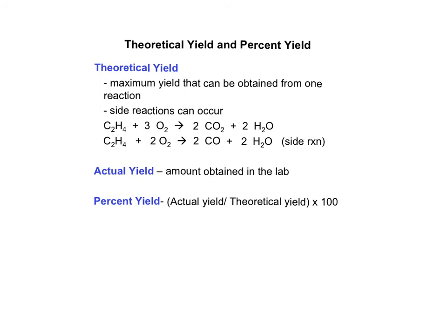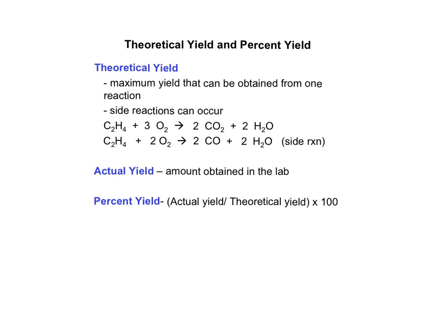Now the theoretical yield is just like the last example where we calculated how much CO2 can be formed. That's in theory. But in practice, here's the reaction again, C2H4 plus O2 forming CO2. In practice, there can be a side reaction that could occur. This is a common problem associated with the combustion of these carbon compounds, these hydrocarbons.